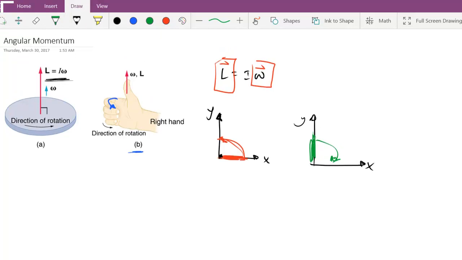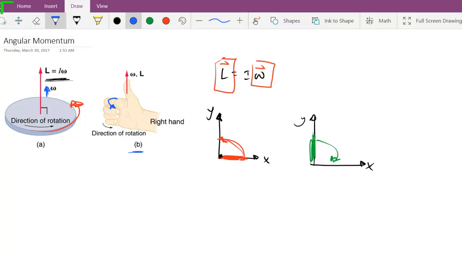So back in figure A here, we have a rotation which is counterclockwise, and if I were to place my hand anywhere on here and turn in the direction of the rotation, my thumb would have to point upward out of the plate, and so this would be the direction of my angular velocity, which is also the same as the direction of my angular momentum.